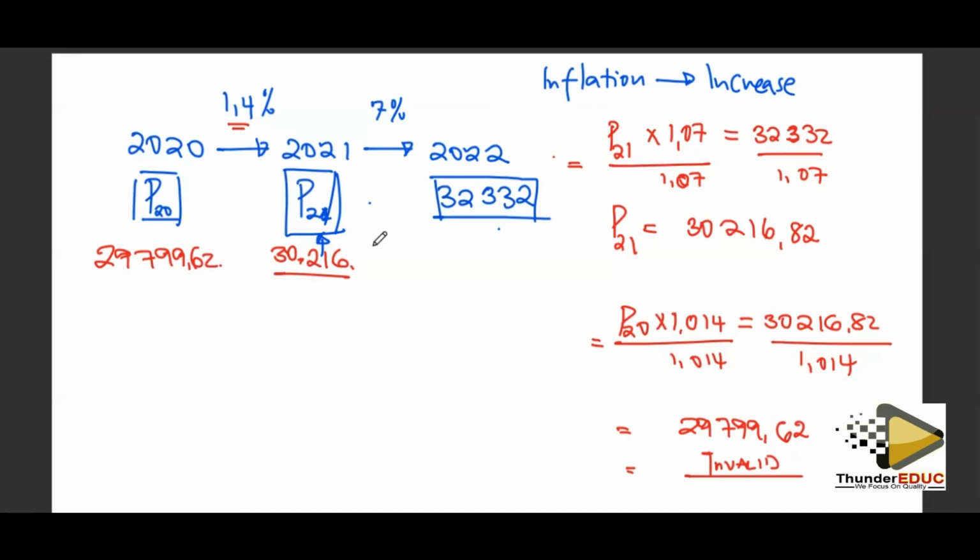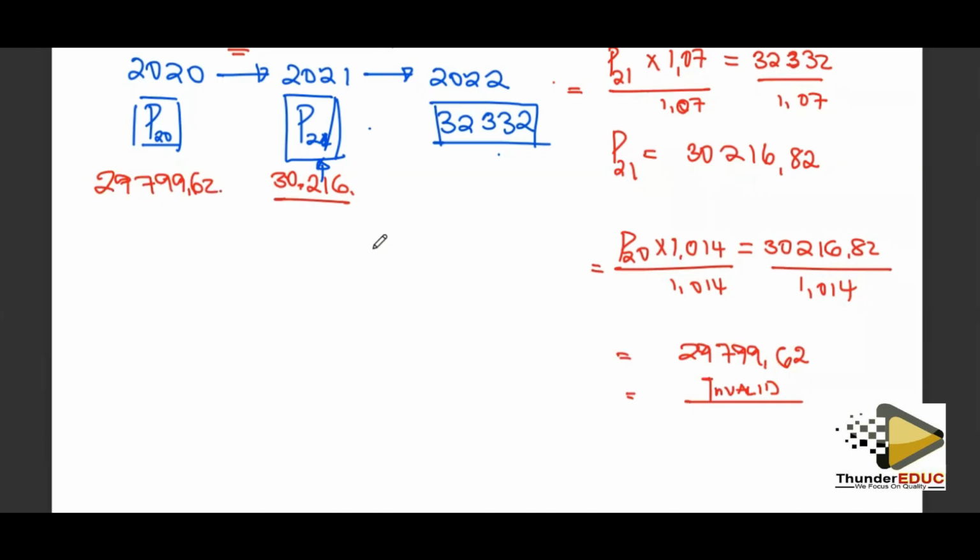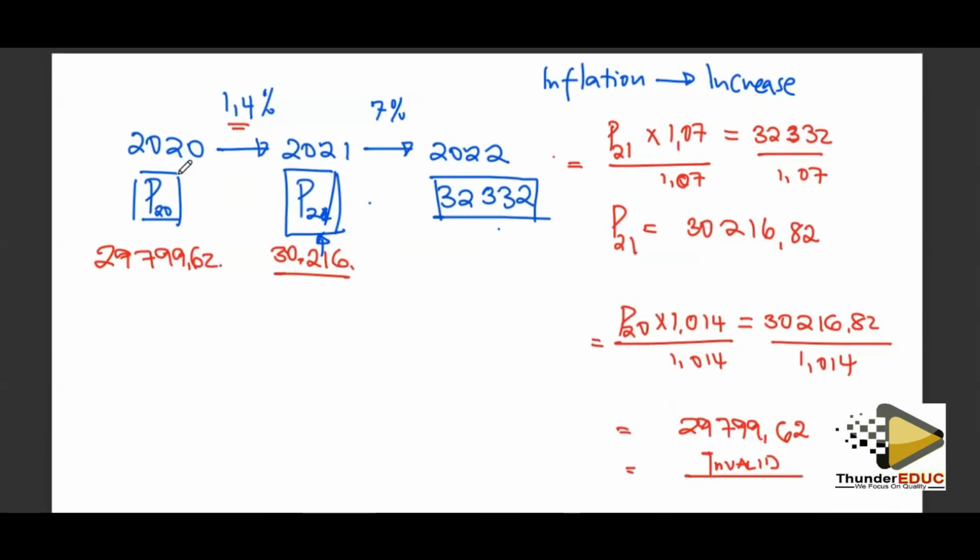When we deal with inflation, we are dealing with increase. The increase in price of this year causes the new price in the following year. Again, the increase causes another price. So this is how we do it. Working backwards, because when we are increasing, we multiply, we add on.